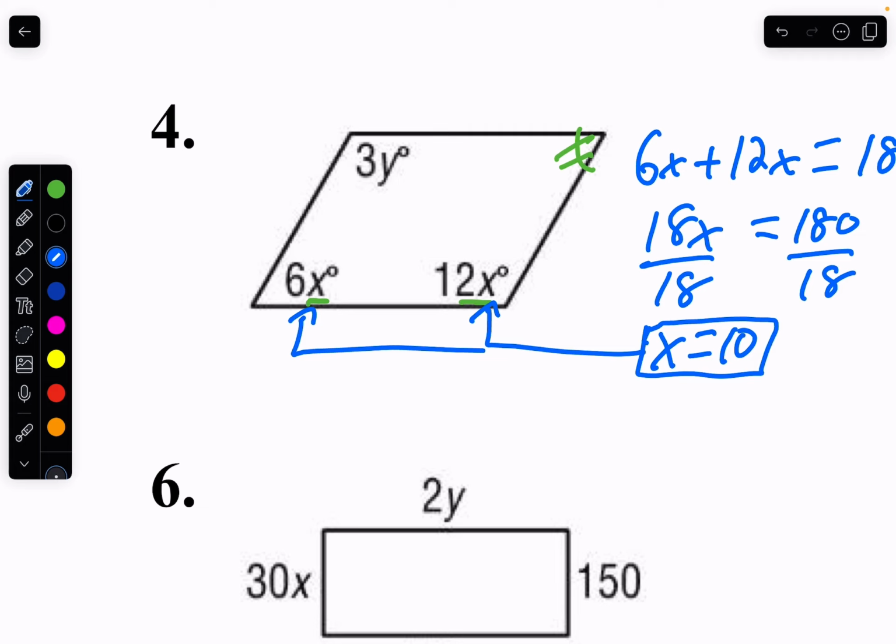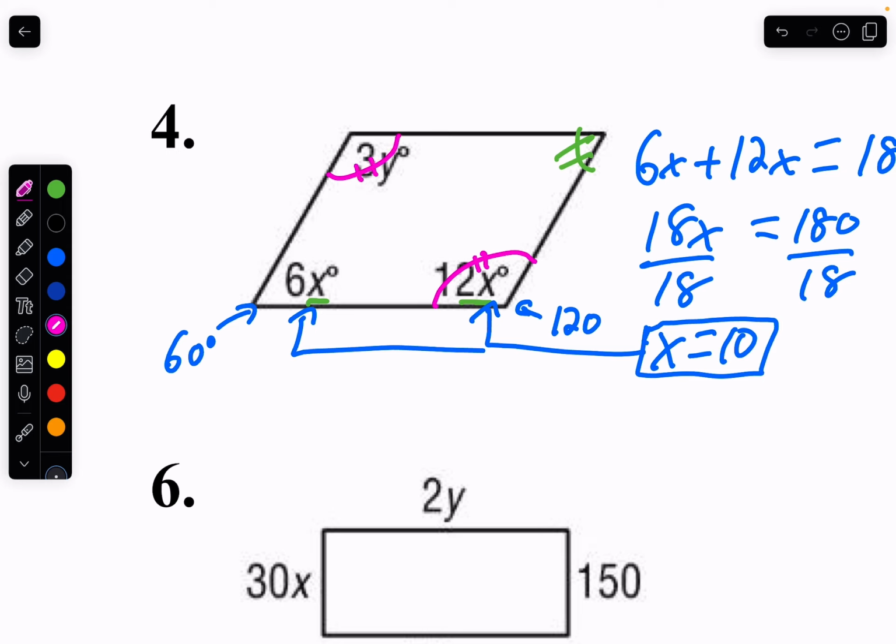So 10 times 6, this angle right here is going to be 60 degrees, while this other one, 12 times 10, this angle is going to be 120. The important part here is understanding that this 120 degrees is going to be congruent to the opposite angle.